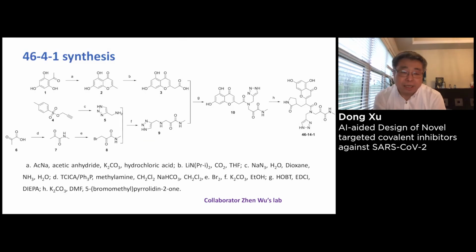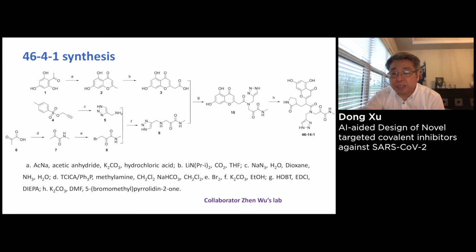So we actually performed some experimental validation. This was done at our collaborator Professor Zhong Wu's lab at Xiamen University in China. They actually synthesized our predicted candidate. And this basically is a synthetic pathway, with all these reactions. And here it lists all these enzymes that lead to this final compound.